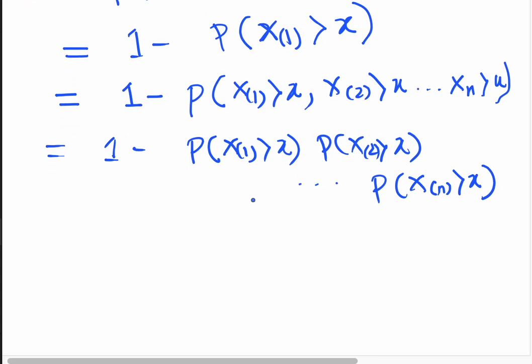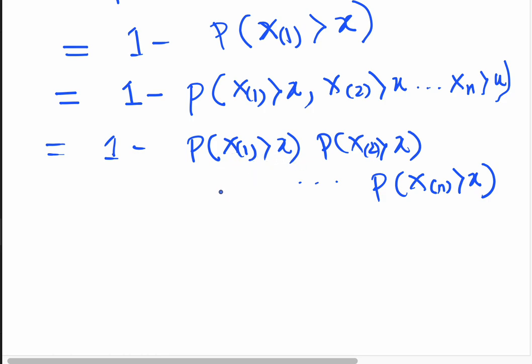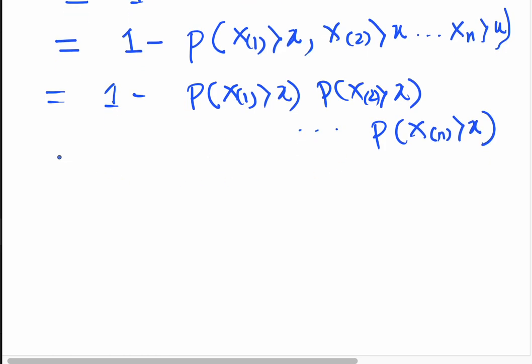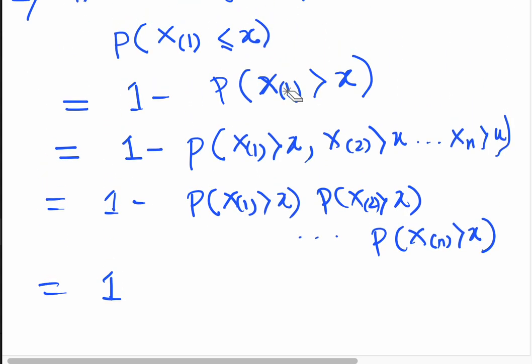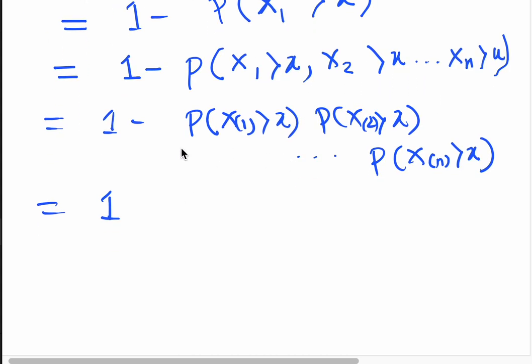Since every random variable follows the exponential distribution, we know that for an exponential distribution the probability of x greater than x is e to the power minus x by its mean.